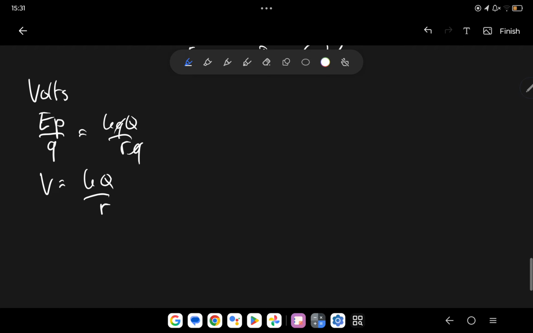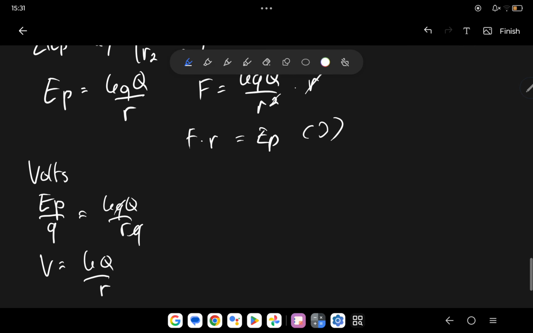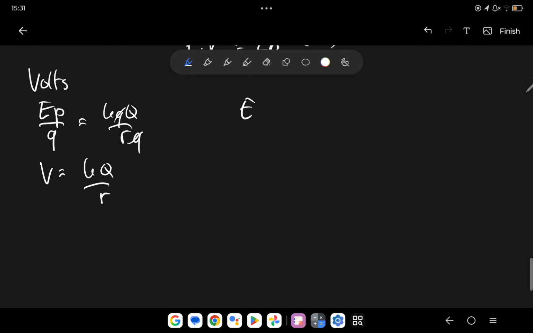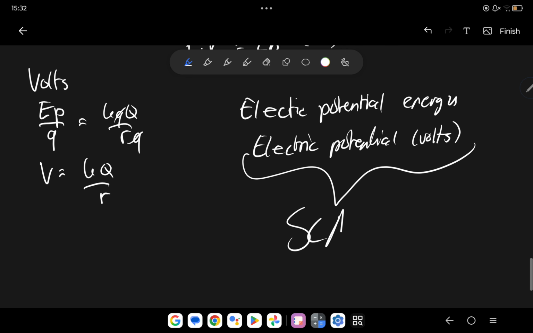Oh wait, but I do need to mention electric potential energy and electric potential, or volts. These are scalars.